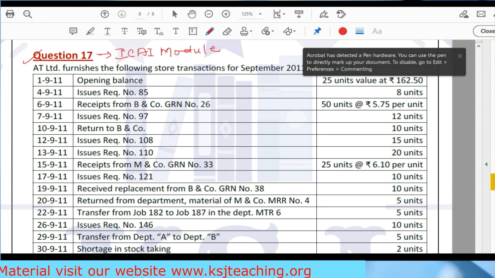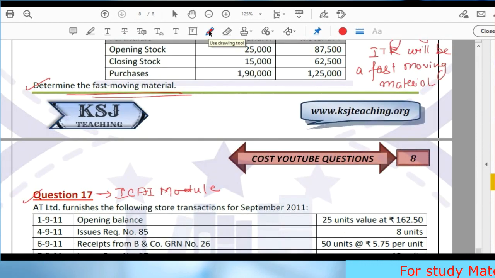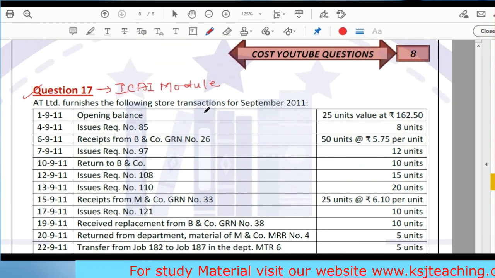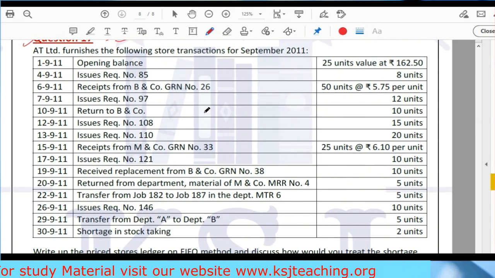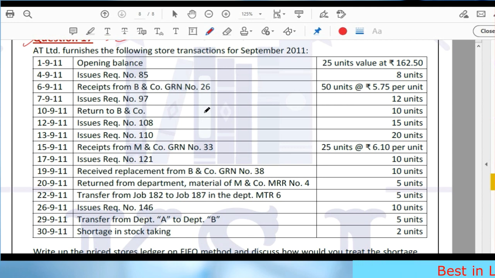Now, AT Limited furnishes the following store transactions for September 2011. Opening balance is given: 25 units valued at 162.50. Issue requisition number 85 is there. Issue requisition means the requirement from the production department, the requisition from the store.